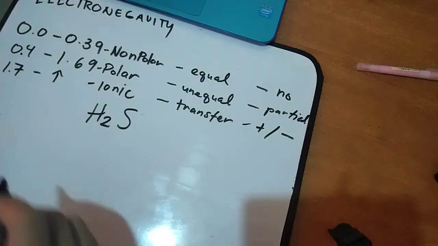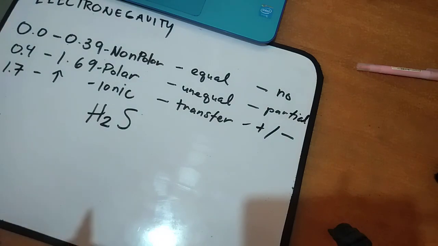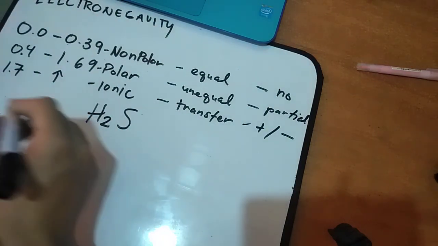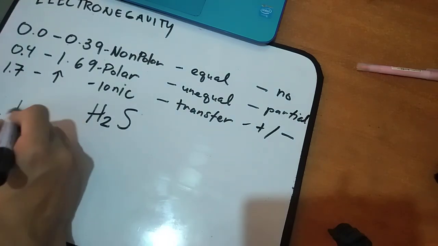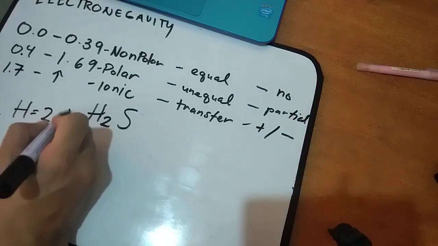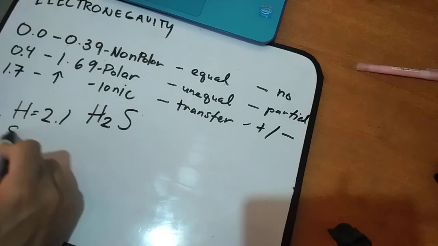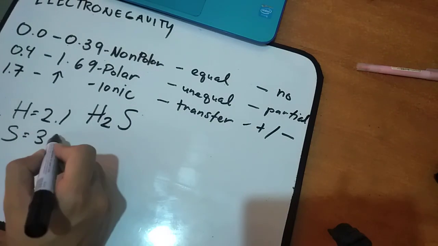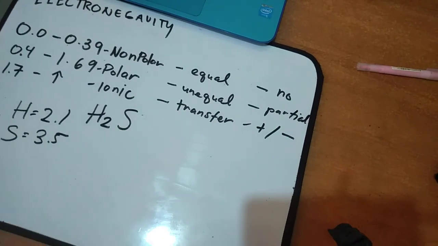So, the electronegativity value of H is 2.1. Ang H daw ay 2.1. Ang sulfur ay 3.5. Okay?